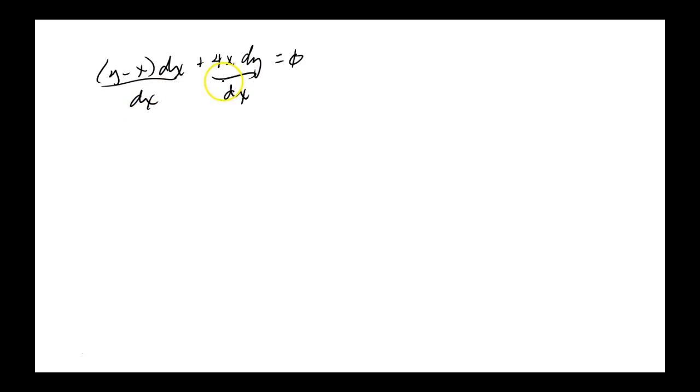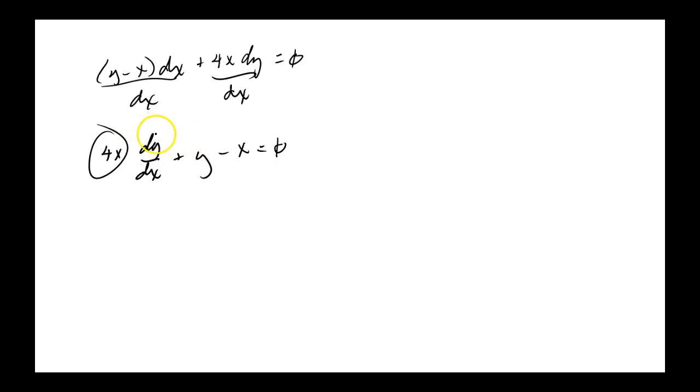Okay? So let's rewrite this as 4x dy/dx plus y minus x equals 0. Sure enough, you're right. Your changed opinion was absolutely correct. The only coefficient here has only x's in it. Could be any form of x, it doesn't matter.